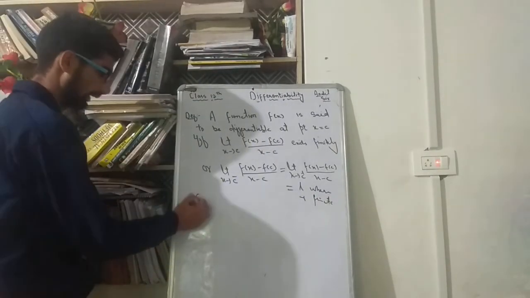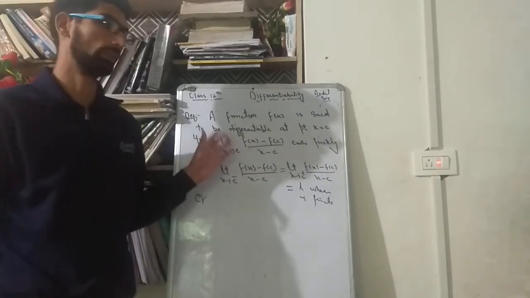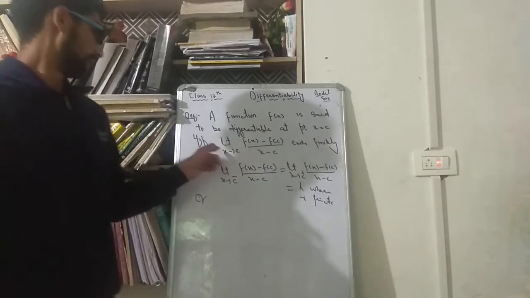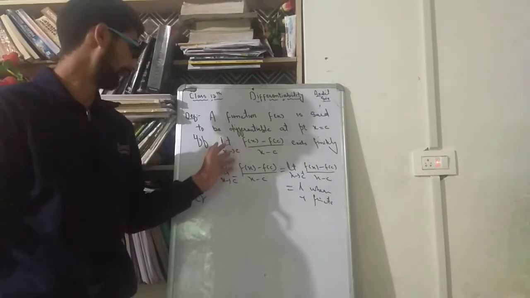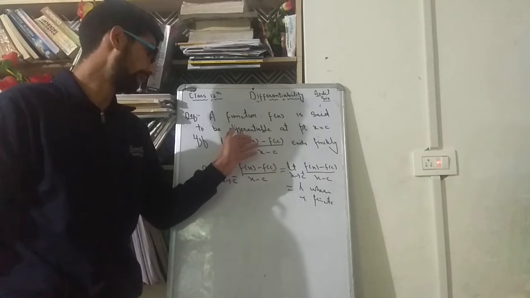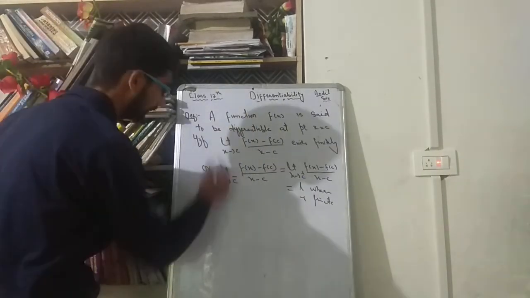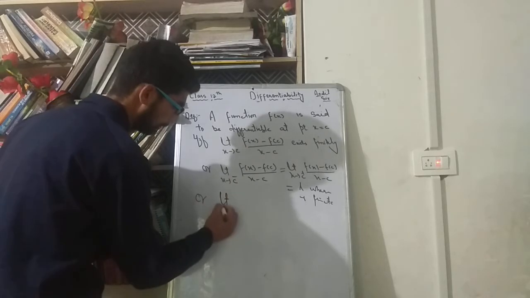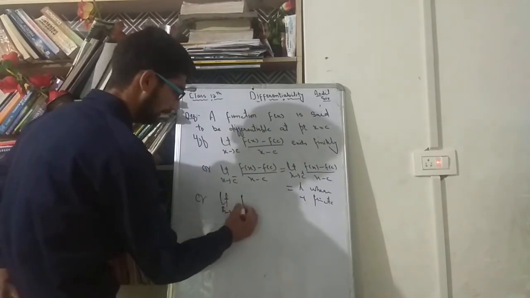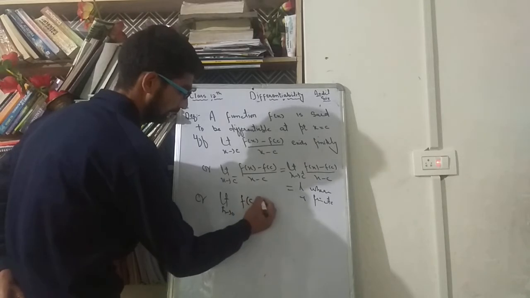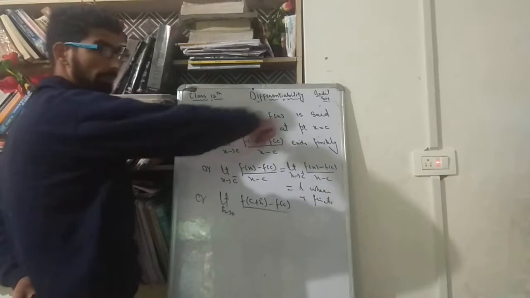Or again, by the substitution method, we can take the limit as h tends to 0, and give x the value c plus h. So this will also equal the limit as h tends to 0 of f of c plus h minus f of c, divided by c plus h minus c.